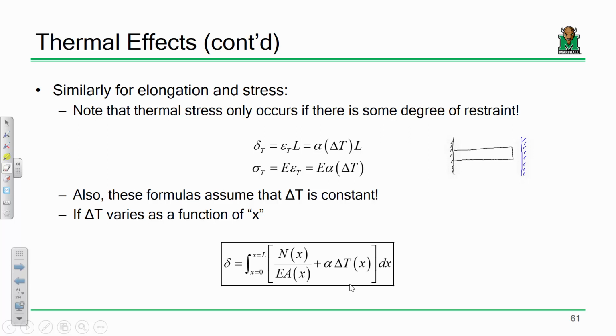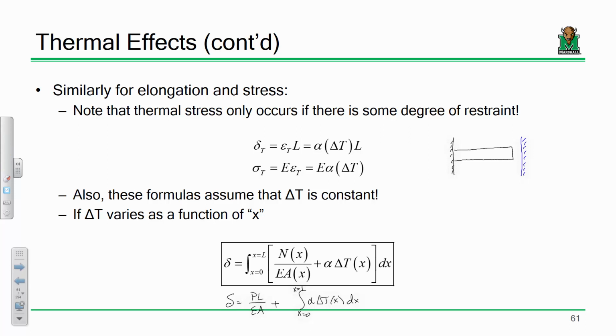So I propose that for our problem, what we're going to have is delta equals PL over EA plus the integral from x equals 0 to x equals L of alpha delta T dx. Everybody okay with that?